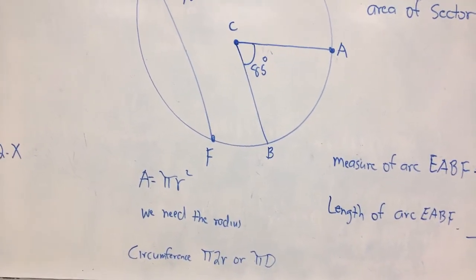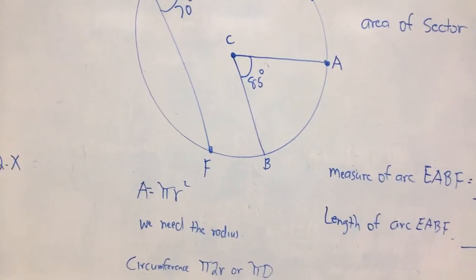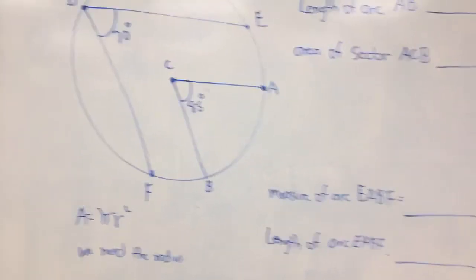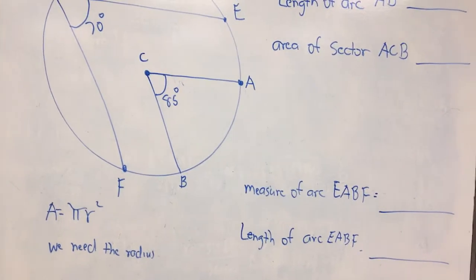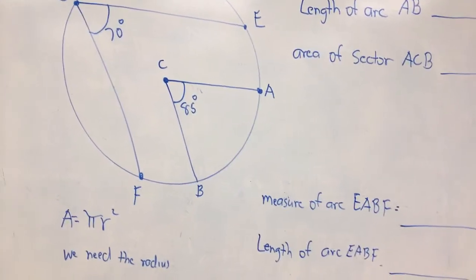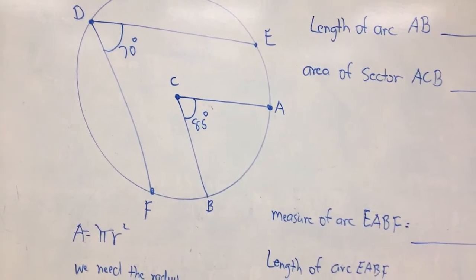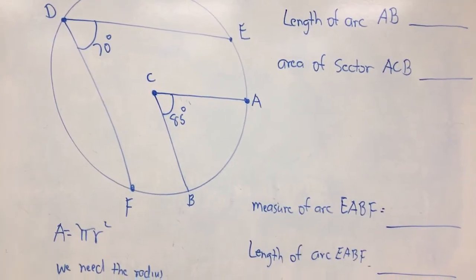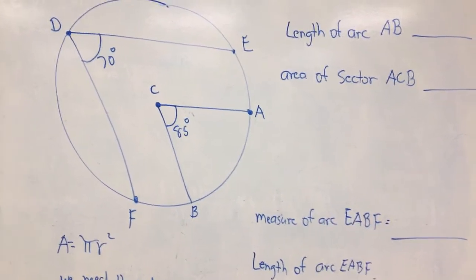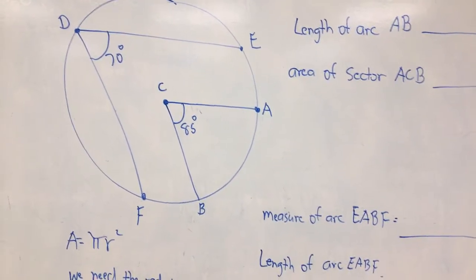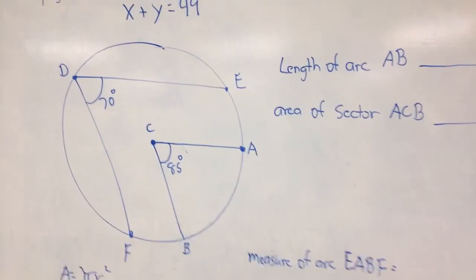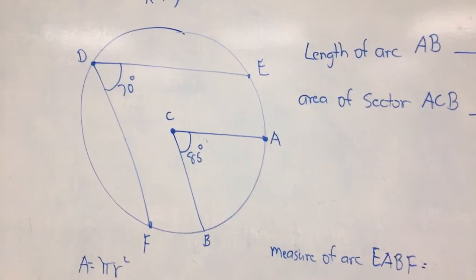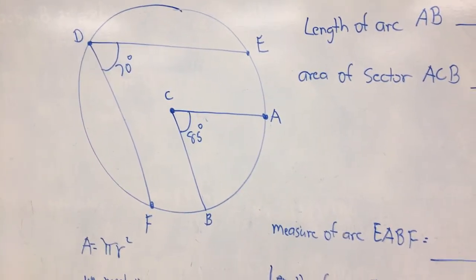To find the length of arc AB, I have an 85-degree central angle in circle C. I'm trying to find 85 360ths of the circumference.